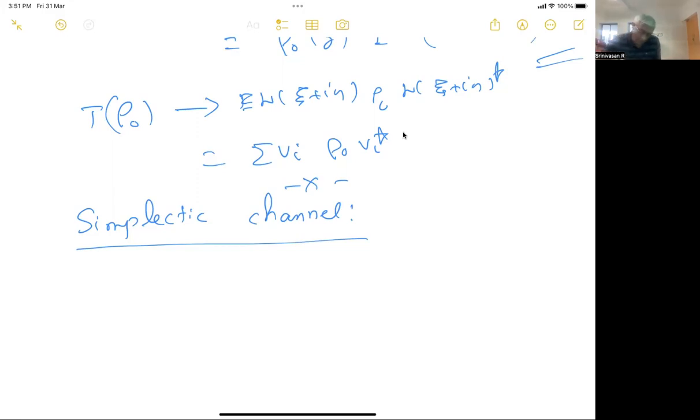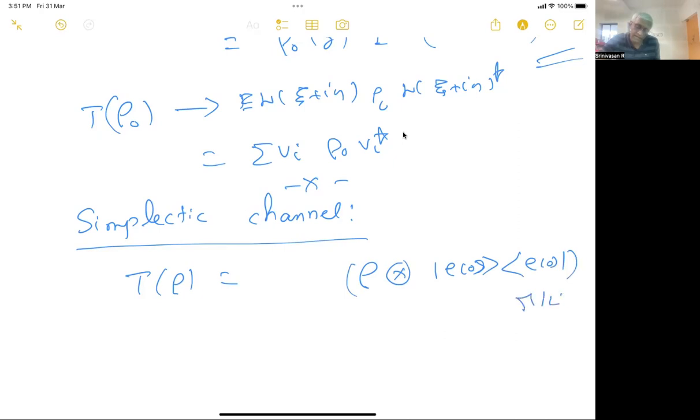Because of that, you have T of rho equal to rho tensor, you just amplify with the vacuum state. And then apply gamma of L star, gamma of L. These are all completely positive maps, and then take the trace back to the original Hilbert space, so L2 of Rn or something.